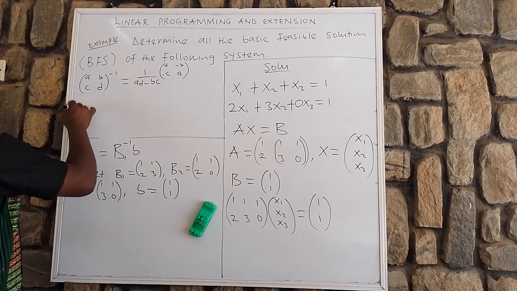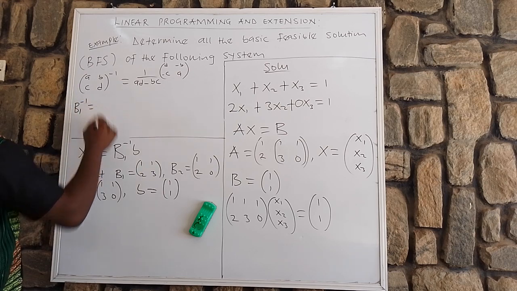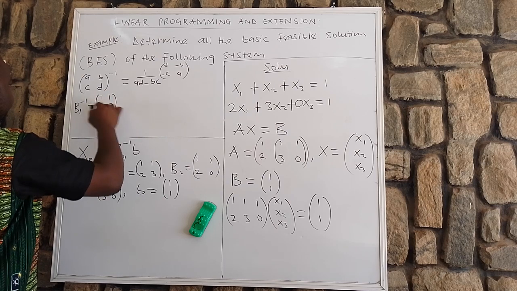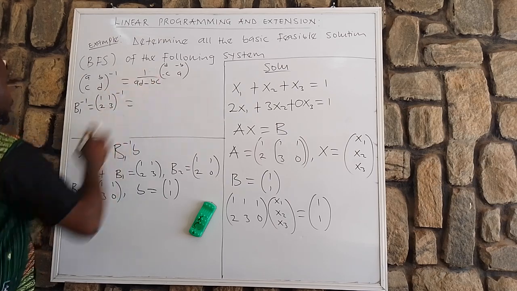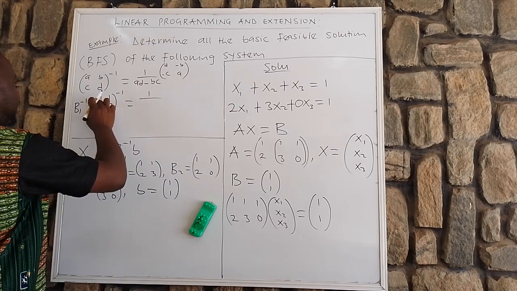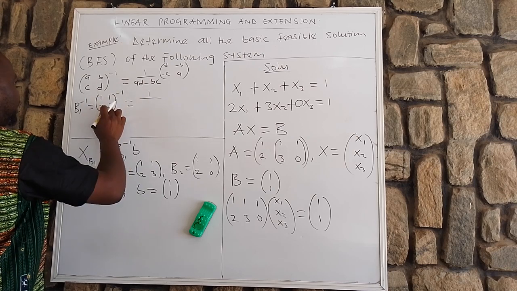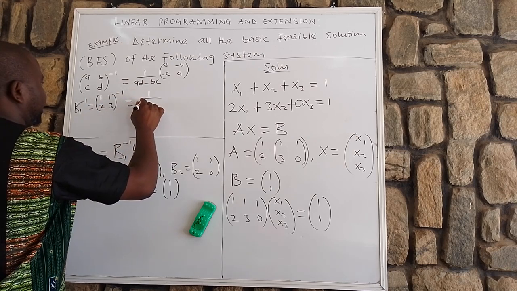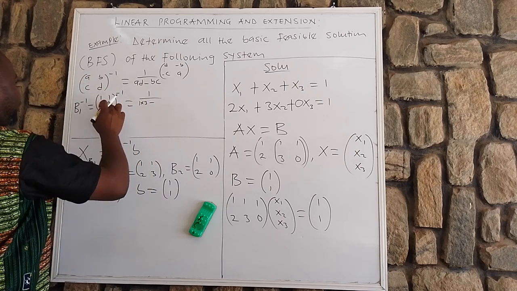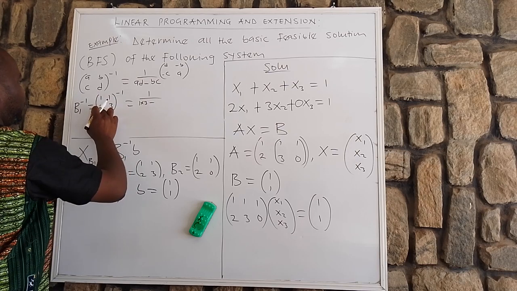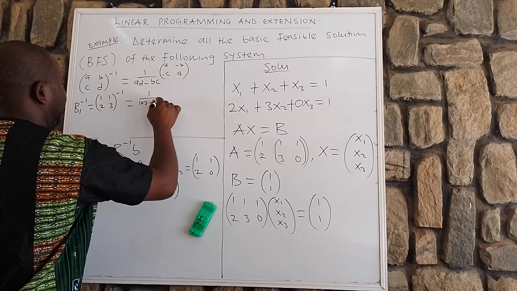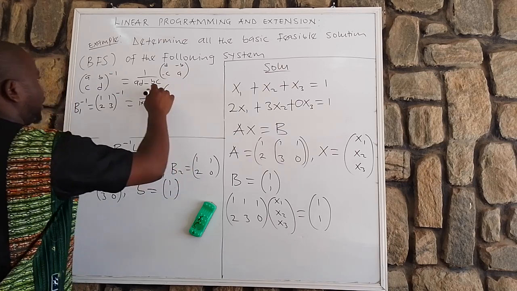Our B1 inverse will now be equal to the inverse of the matrix 1, 1, 2, 3. Then we will use this formula, 1 all over, what is our A? Our A is 1, then our D here is 3. So 1 times 3 minus, what is our B? B is 1, C is 2, minus B times C, which is 1 times 2, open bracket, the matrix.